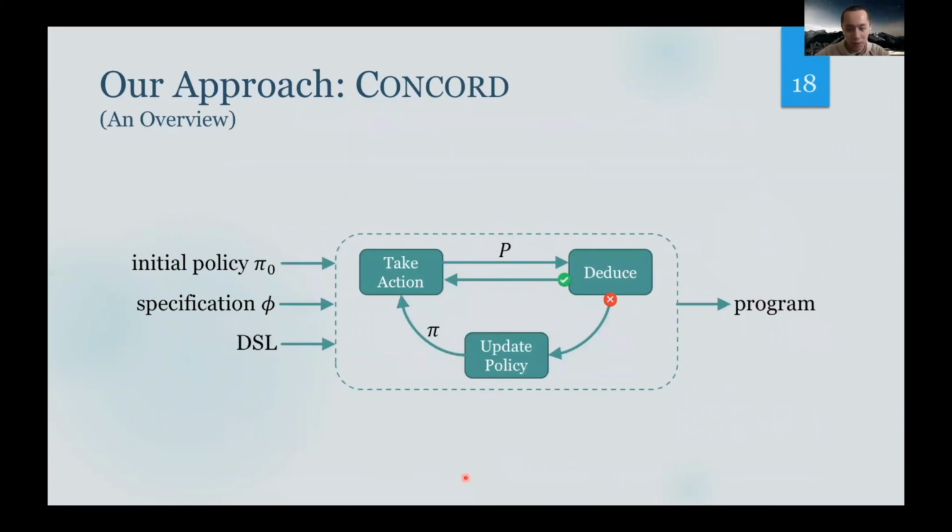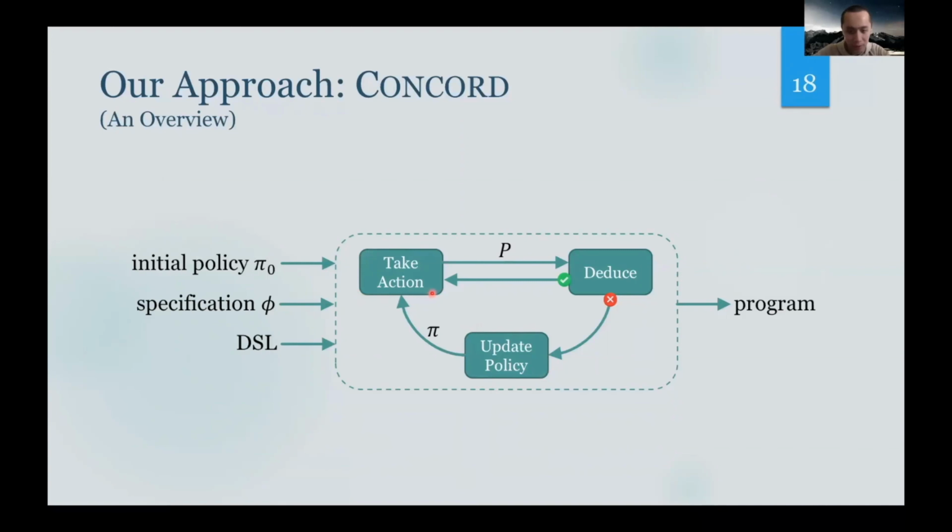We can see, as you may have already noticed, Concord shares some similarities with both statistical methods and deductive methods. From the perspective of statistical methods, it also takes into account an initial policy. It also has a take action module that considers the policy to propose programs. And it also has an update policy component that updates the policy itself so that take action can consider a new policy after every loop.